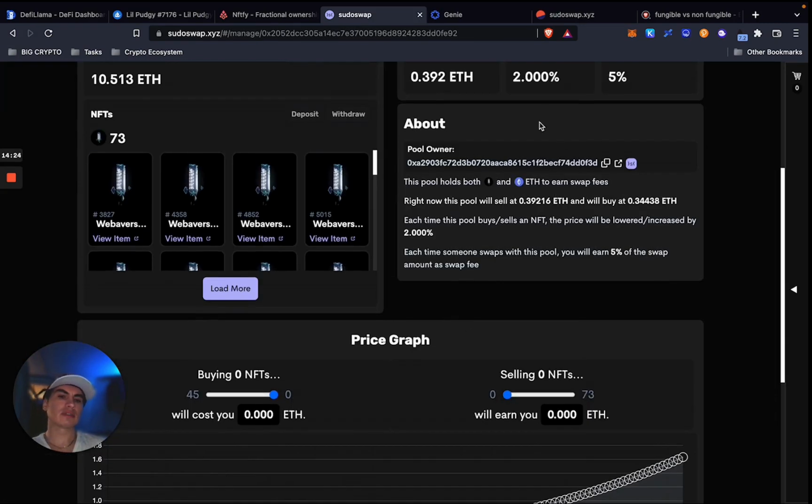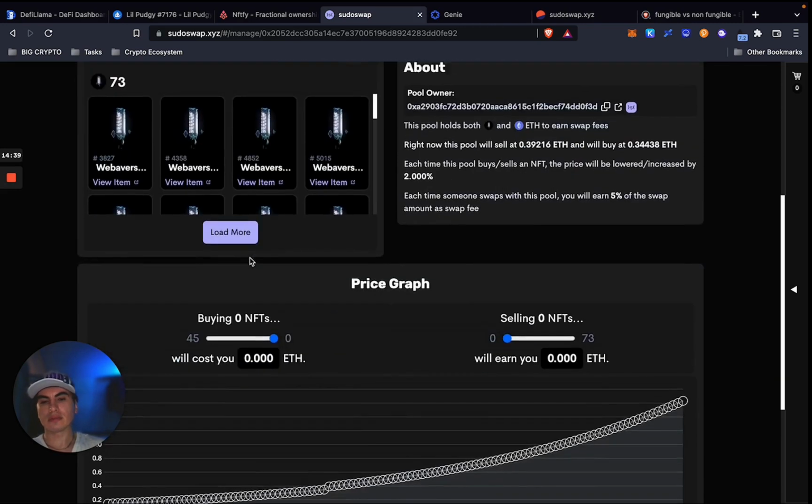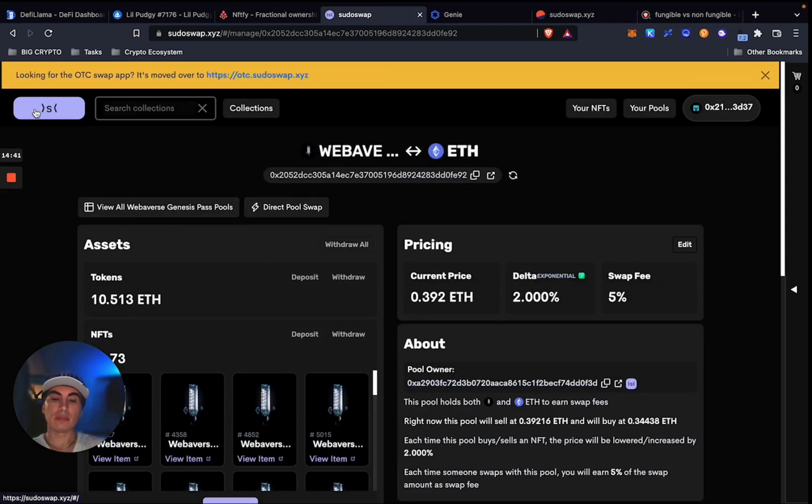He has a similar fee, so you can try to find one that has a lot of NFTs listed, but with also the swap fees. So this guy's delta is a little bit cheaper, right? The other one had 4%, this one is 2%. So this might seem more attractive. So again, there's many pools, and the market itself becomes competitive, and essentially you can find the best pricing for them. And this ultimately sets the market price for a lot of these NFTs.